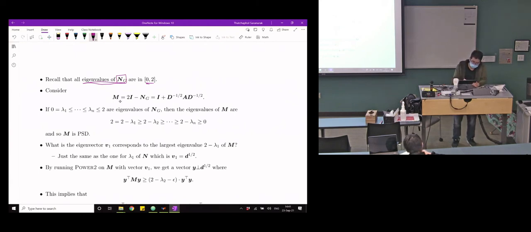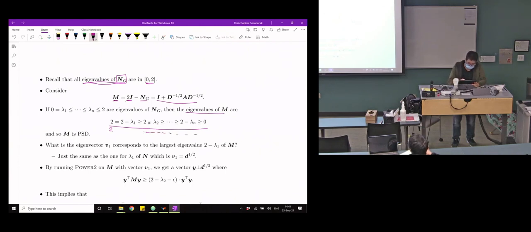So if I consider M to be just 2I minus this matrix, which can be written like this, but doesn't matter, then the eigenvalues of M are in this way: the biggest is 2, and then they keep decreasing.